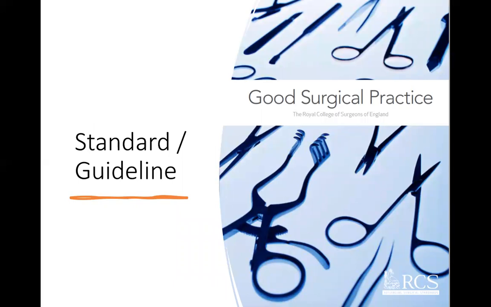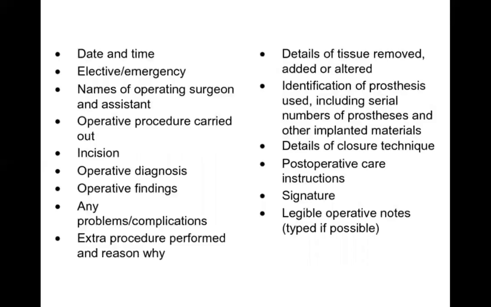The Royal College of Surgeons, in their manual titled Good Surgical Practice, has earmarked certain criteria for what a good operative procedure note should have. Even though we had a detailed operative procedure template in JIPMER, whether we were actually complying with those standards is a question we asked, and is what we wanted to look at.